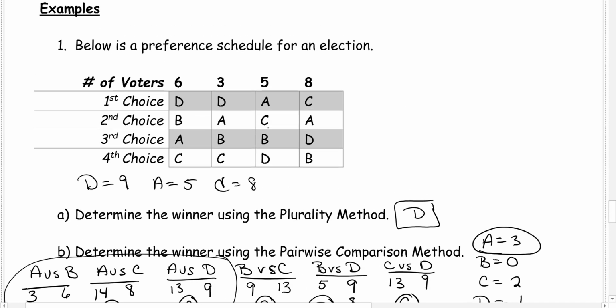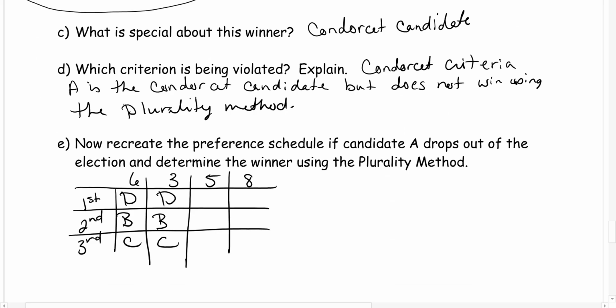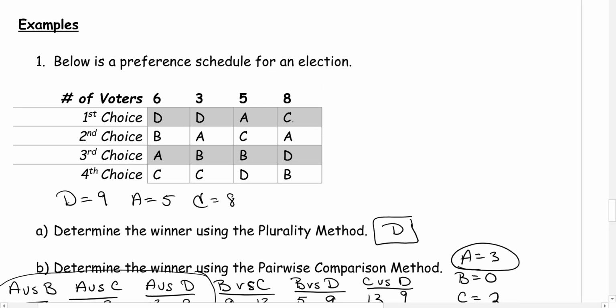If we take A off of the next 5, those ballots would become CBD. And then the last 8, if we take candidate A off of those, they would become CDB.